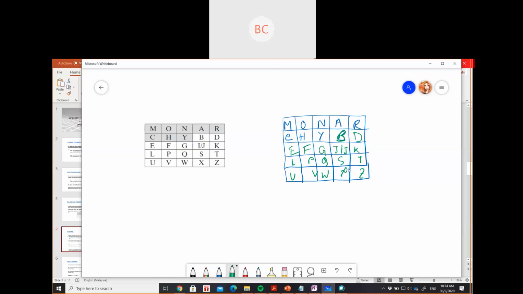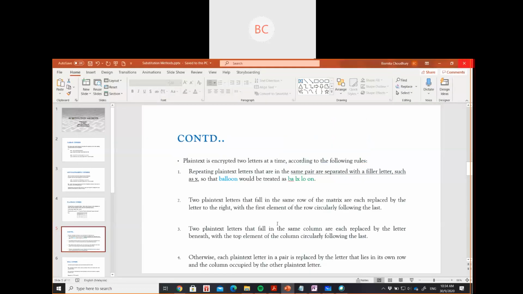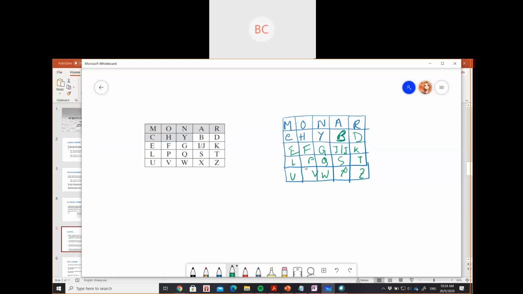So the first letter is the plaintext letter. Whenever we see such letters, we replace them with the letter to the right of each. Let's take an example, say A and R. This is your plaintext, AR.